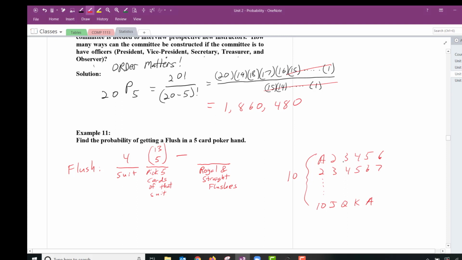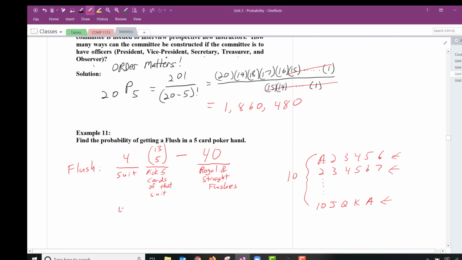I could have ace, 2, 3, 4, 5 of hearts, or ace, 2, 3, 4, 5 of diamonds or spades or clubs. So there are going to be 4 of each one of these. So 4 times 10 is 40 straight or royal flushes. I think that's the logic to it. Now we just need to calculate.